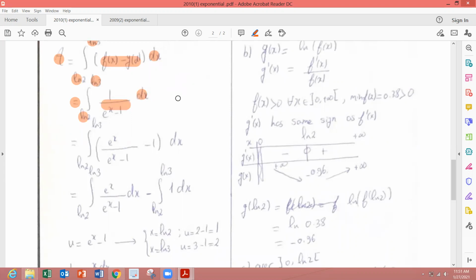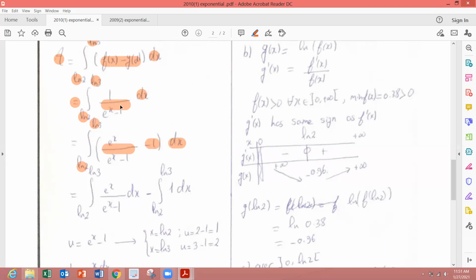How to continue? We have proved that one. We have equal values. We have proved that 1 over e^x minus 1, we can put it as e^x over e^x minus 1 dx.